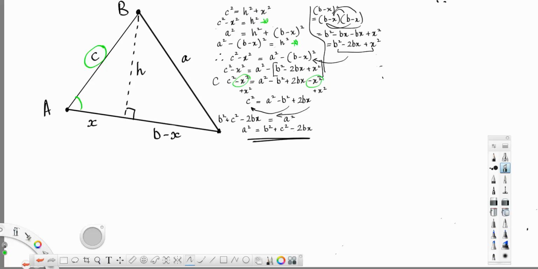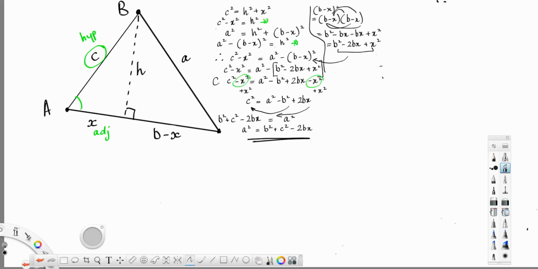Is that enough information to work out X? Well, yes it is. X would be the adjacent side to angle A. C would be the hypotenuse, and the ratio that would use the adjacent and the hypotenuse would be cos.